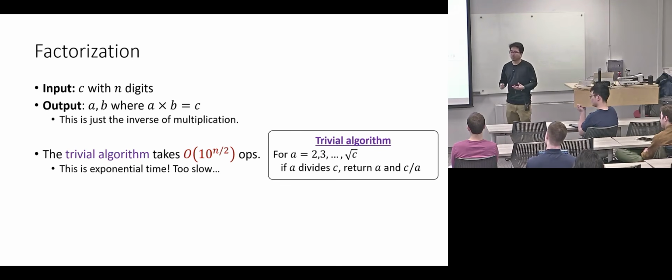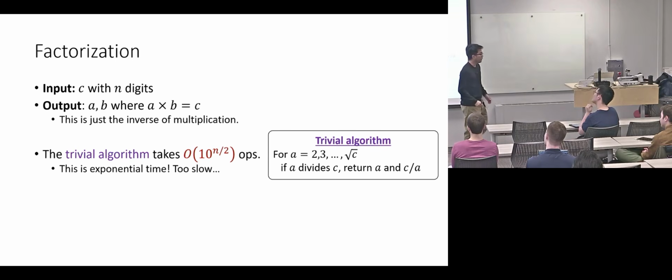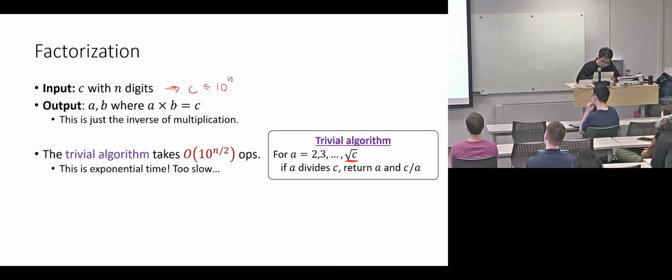But if you observe how fast this algorithm is, you can see that it's exponentially slow. If C has n digits, then C can be as big as 10 to the n, and so square root C can be as big as 10 to the n over 2.